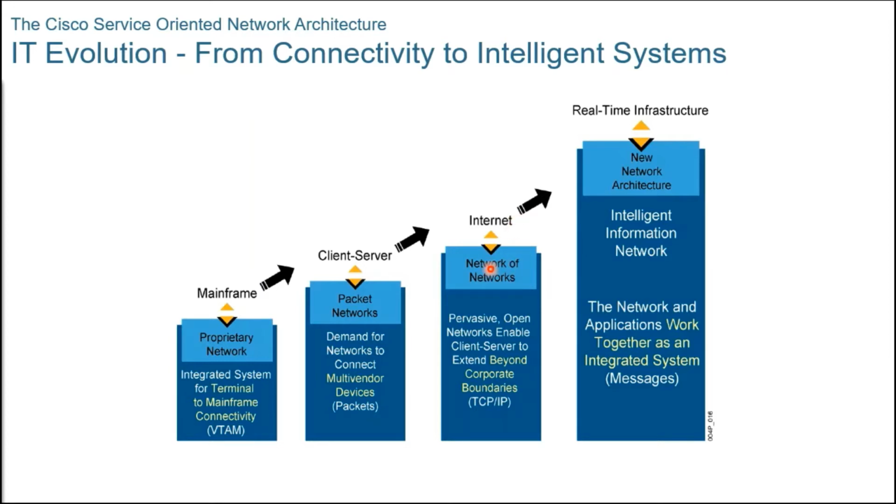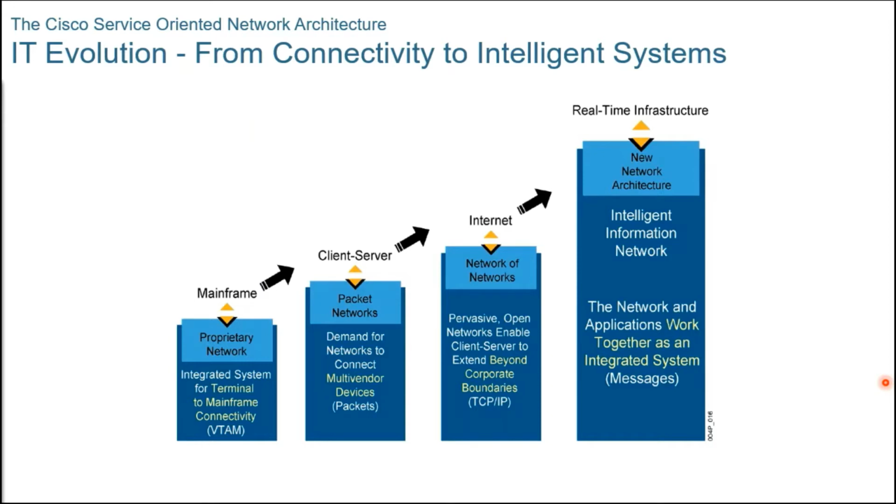You got pervasive open networks that enable client-server to extend beyond corporate boundaries, and there TCP/IP was introduced. Until such time that we have this real-time infrastructure, the network and applications work together as integrated systems via, of course, the exchange of messages.